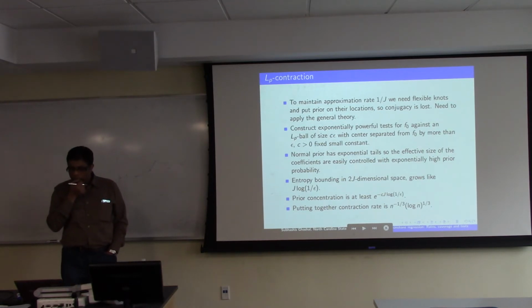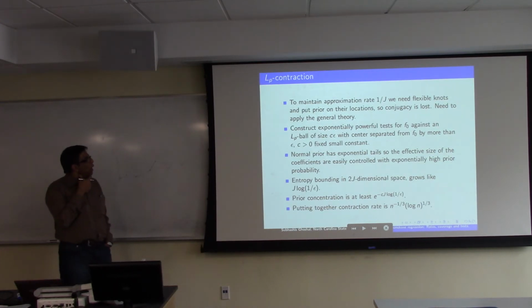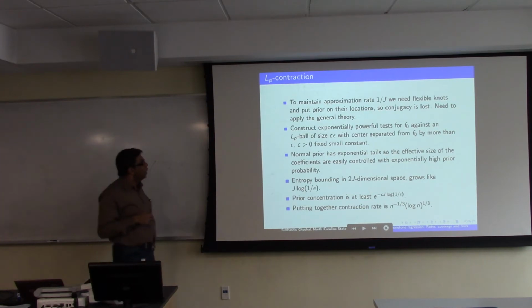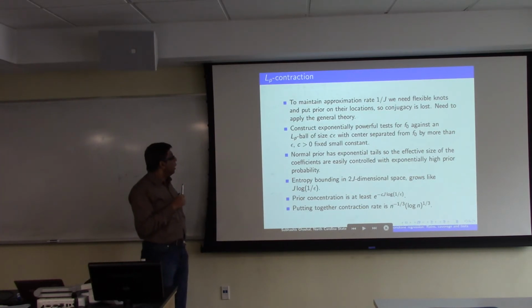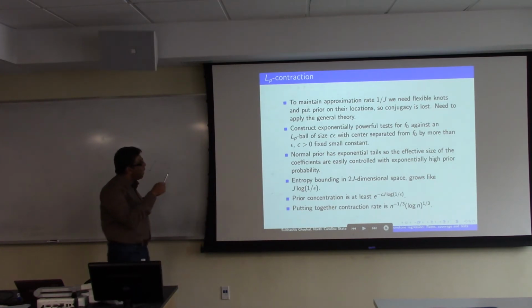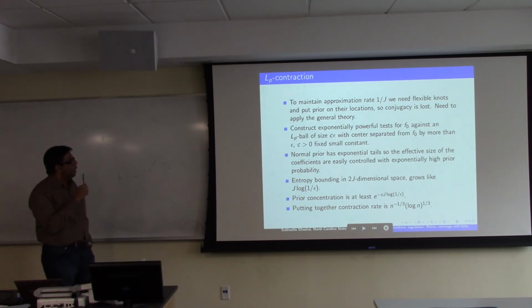There is a standard scheme for computing rates. The approximation error with the flexible intervals is 1 over j. Then you have to look at the class of functions formed by these j different coefficients.